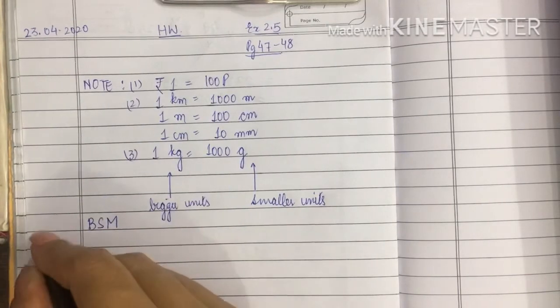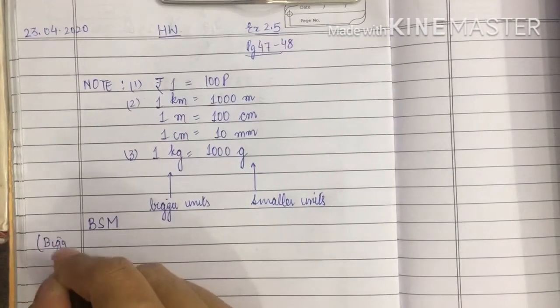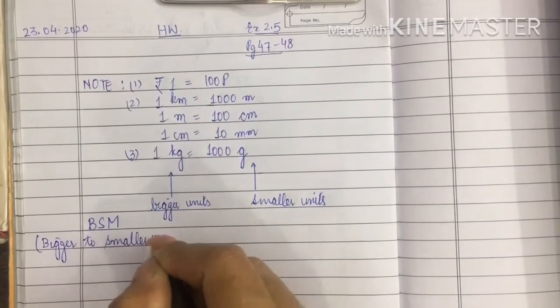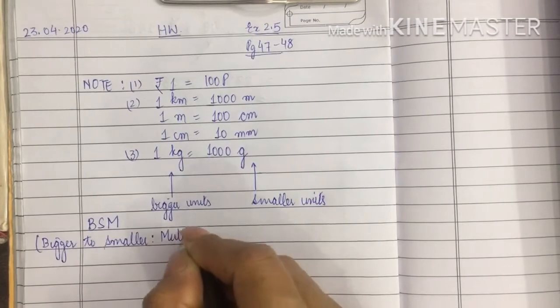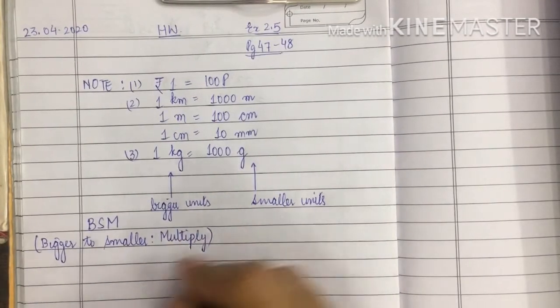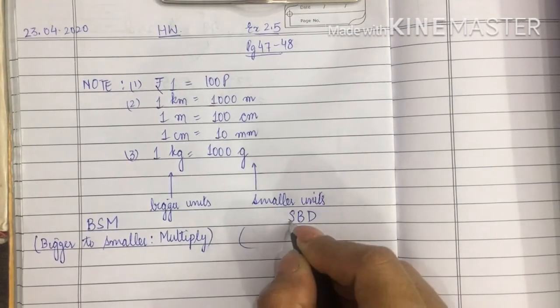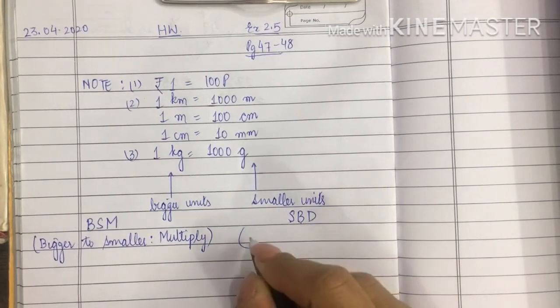If you remember, this is bigger. If you want to change bigger units to smaller units, what are we supposed to do? We will be multiplying. And the second rule that we have is SBD. This means smaller to bigger will be done by division.